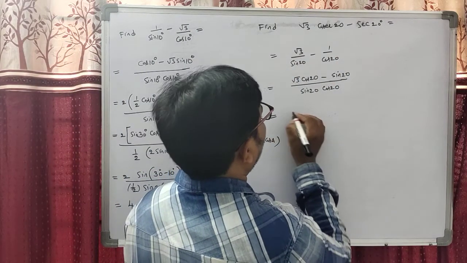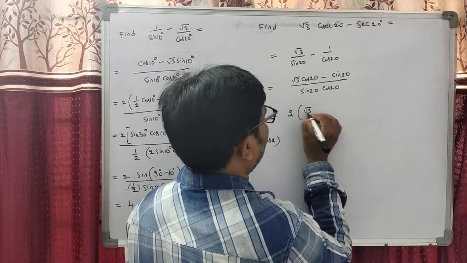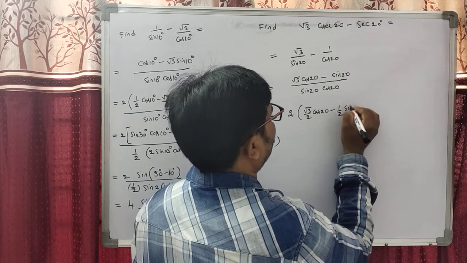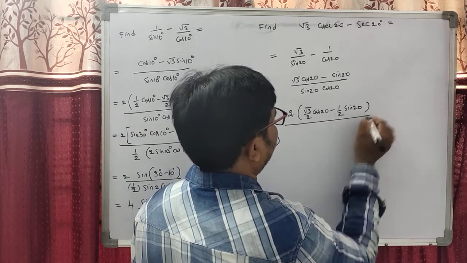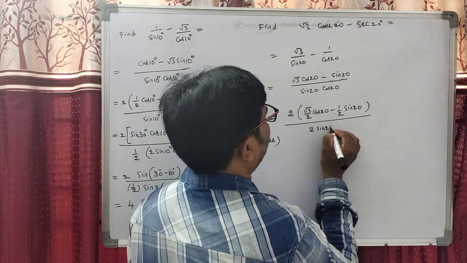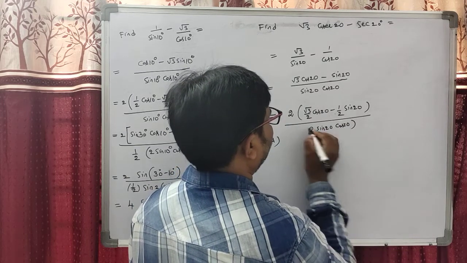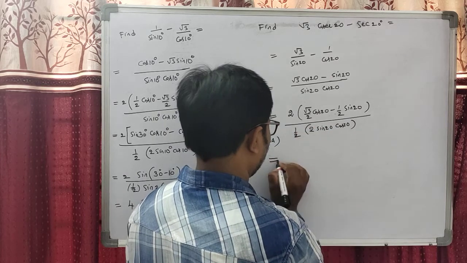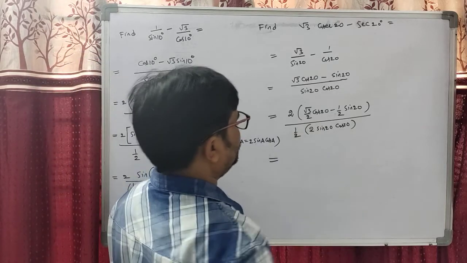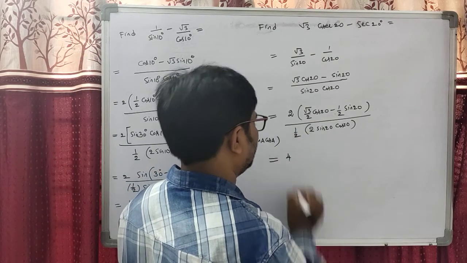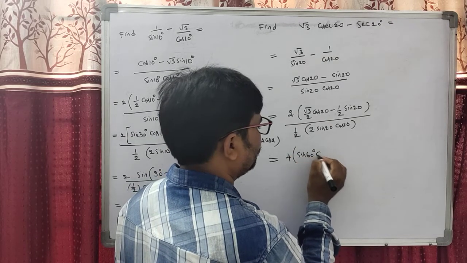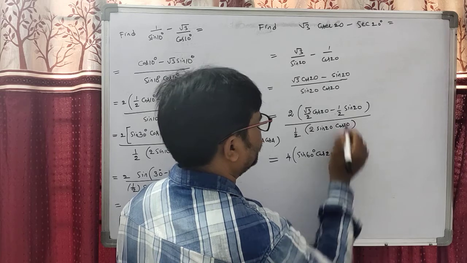We also take 2 out: root 3 by 2 cos 20° minus 1 by 2 sin 20°, upon 2 sin 20° cos 20°, that is 1 by 2. Okay students, so here the 2 cancels. The 2 is sent to the numerator, so this will be 4. This is sin 60° cos 20° over sin 20° cos 20° in the form.